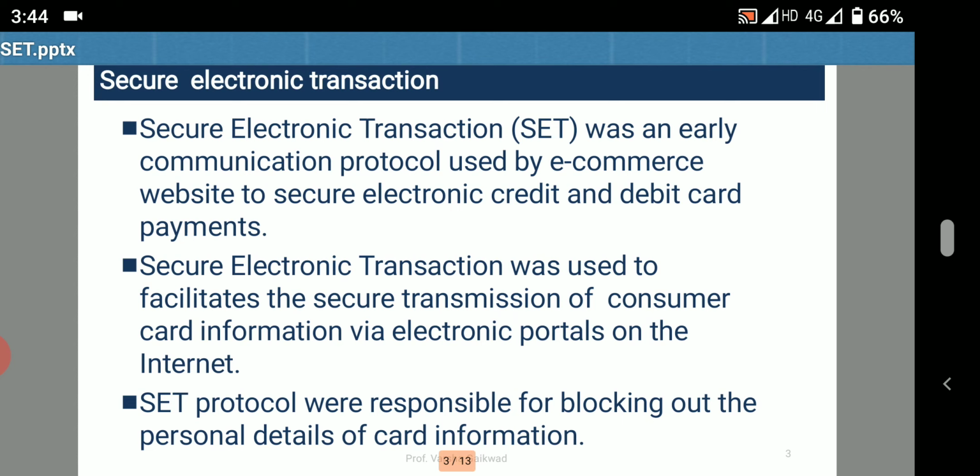SET protocol was responsible for blocking out the personal details of card information. Card information is very confidential, and therefore the SET protocol is responsible for blocking out the personal details of your card information.